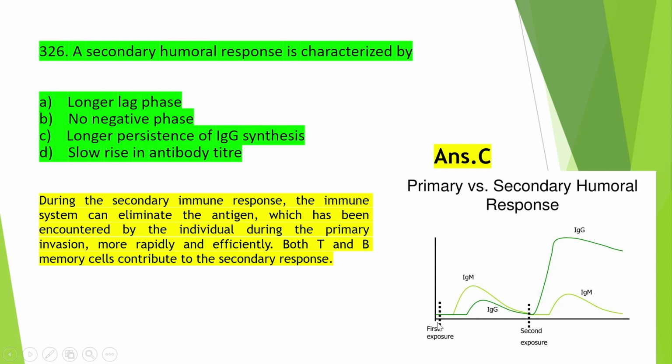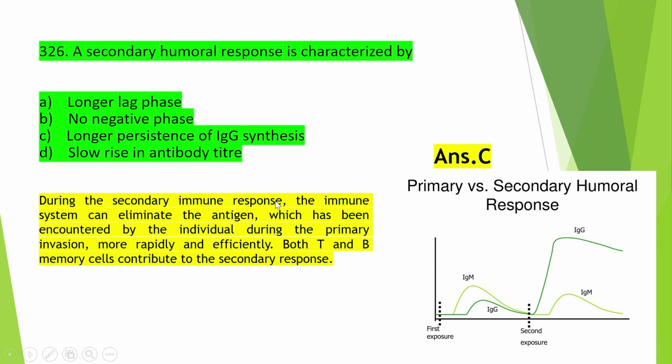When our body is first exposed to an antigen, IgM will appear first. When our body gets exposure to the same antigen a second time, the secondary humoral response, that is IgG, appears fast.